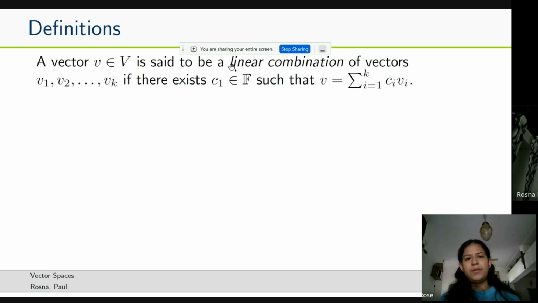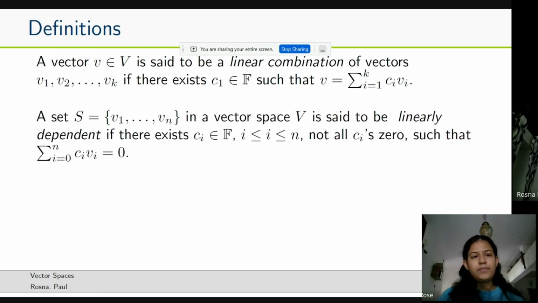So v can be written as c1 v1 plus c2 v2 plus c3 v3 up to ck vk. In that case, that is called the linear combination of vectors.